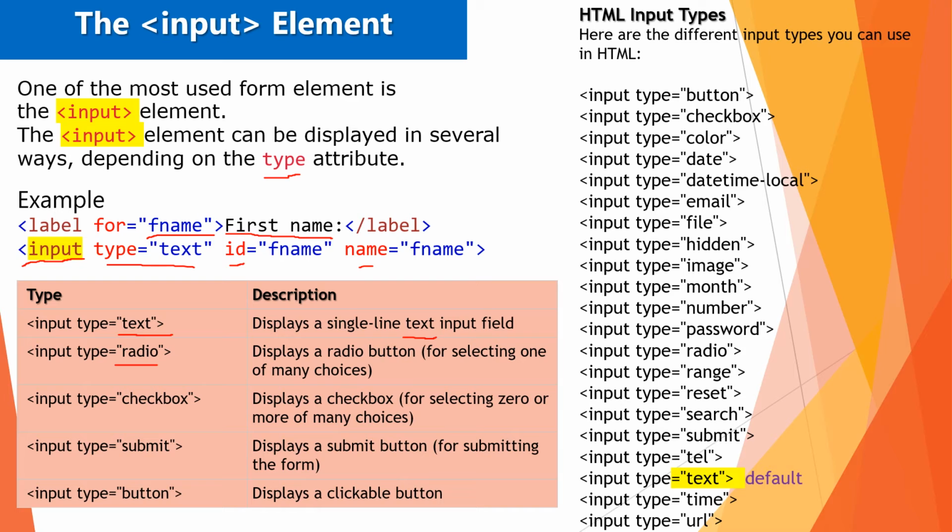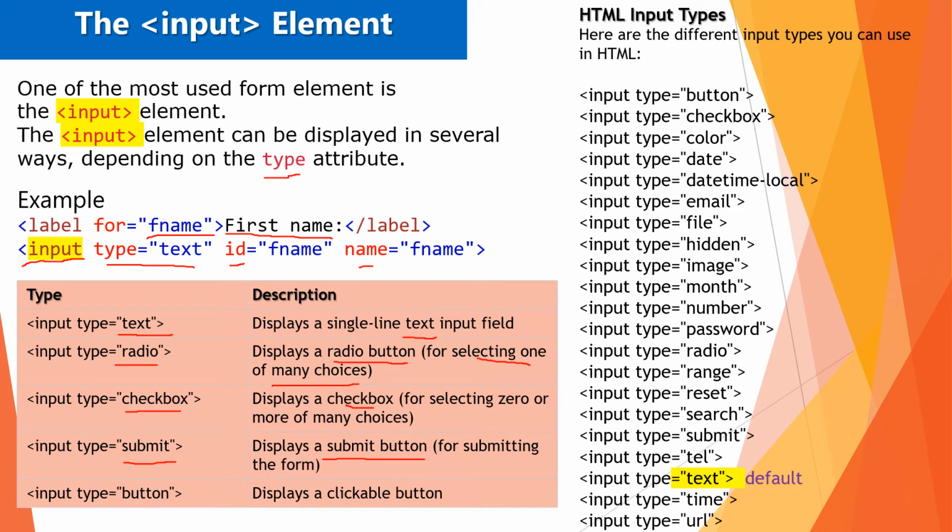Then the input type radio is used for displaying a radio button, that is for selecting one of the many choices given in the radio button. The next is type checkbox. This will display a checkbox. This will take a number of choices from the checkboxes. One or more choices you can adopt. The next is a submit button, and this type is very important. It will display the submit button for submitting the form.